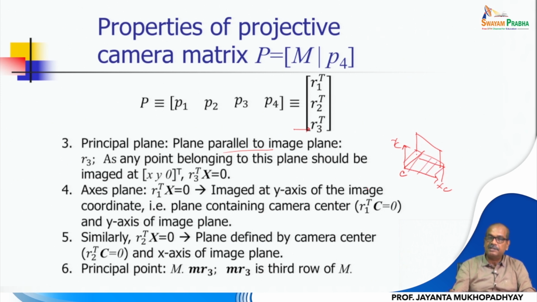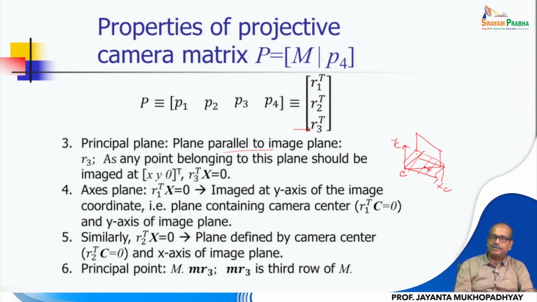Now, if I have the principal plane, suppose I consider any point X in the principal plane. How do you get its image point? Apply the same rule, draw the projection ray, but since the principal plane is parallel, this ray is not going to intersect the image plane at a finite point.